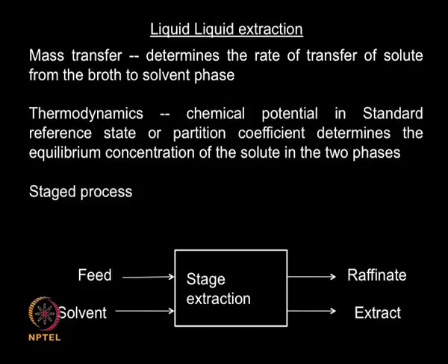Solvent could be chloroform, dichloromethane, ethyl acetate, sometimes even we use water and so many other alcohols, organic alcohols, and then once the extraction is done, the extract contains most of your solute and the raffinate contains minimum amount of solute, and these two streams are in equilibrium at the end of the process. That is why it is called a stage process and it is also called an equilibrium process, and the ratio of the concentration in the extract to the raffinate is what is called your partition coefficient.